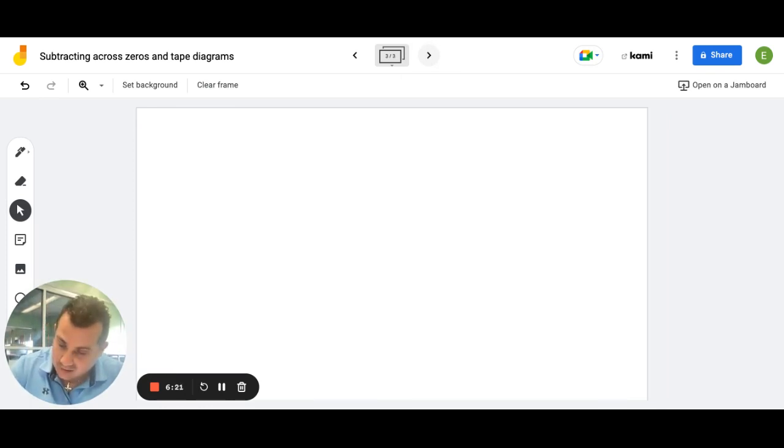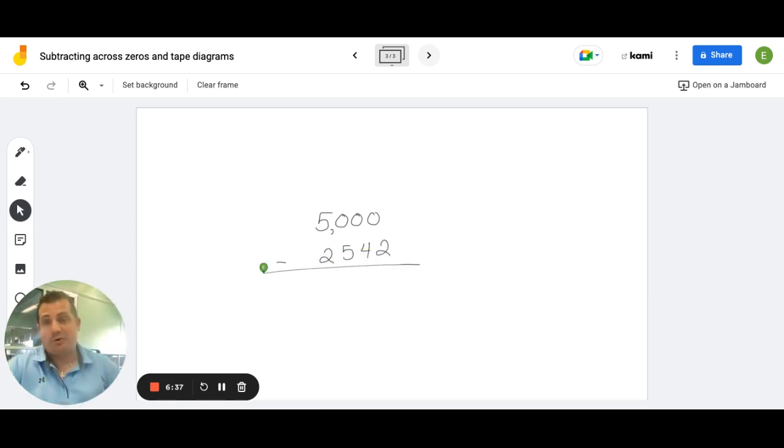Now, I did want to touch on subtracting across zeros, so let's try a problem like 5,000 minus 2,542. Now I'm subtracting across zeros. 0 minus 2, I can't do. I can't go next door because there's nothing there to bundle or regroup.